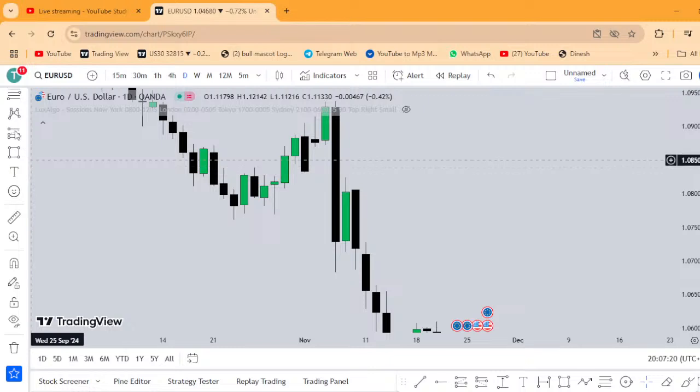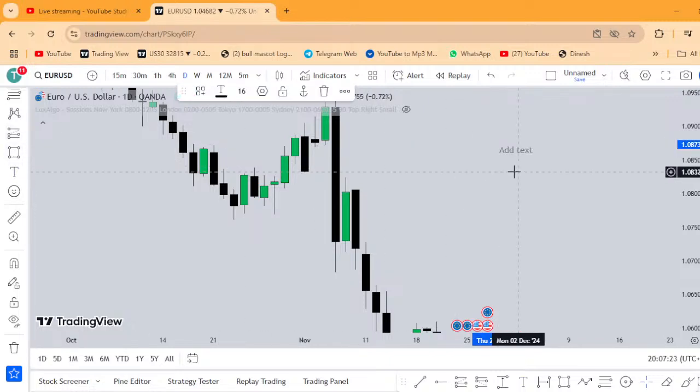So here are the different types of liquidity. We have the major liquidity, then the medium liquidity, and then the minor liquidity.